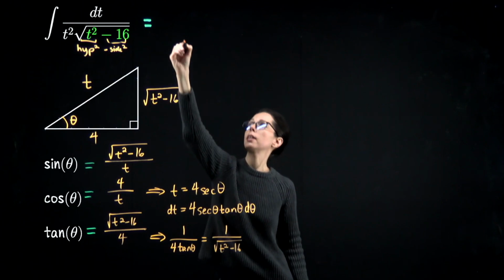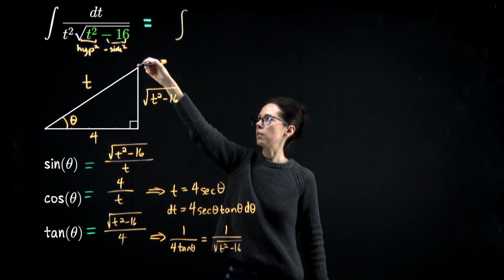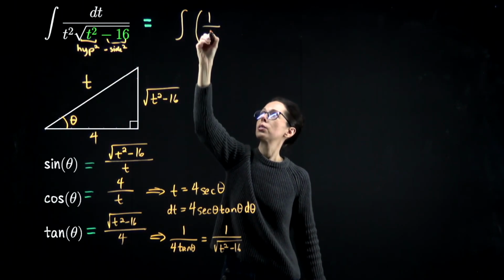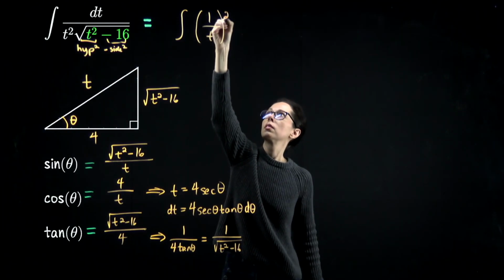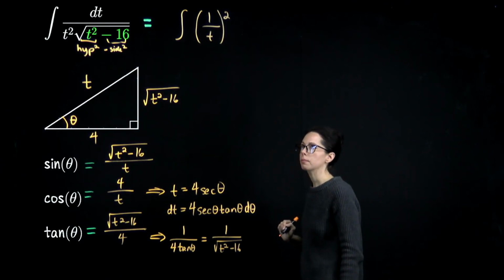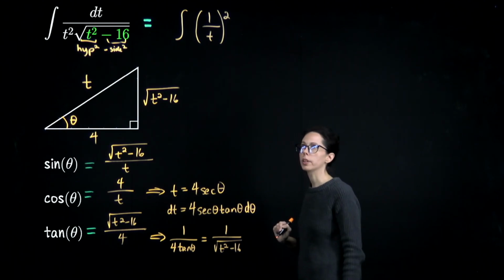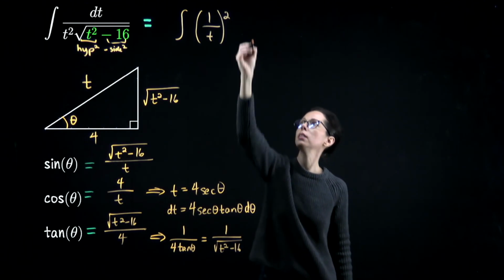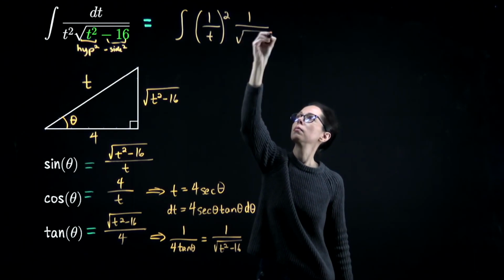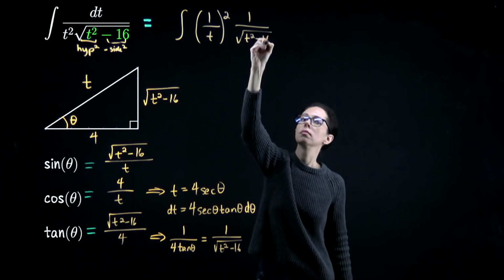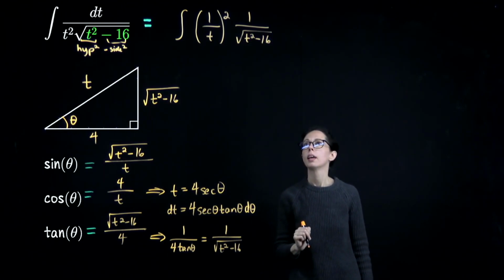So what I'm going to say here is that this is 1 over t squared, like that, and then 1 over the square root of t squared minus 16, like that, and then dt.